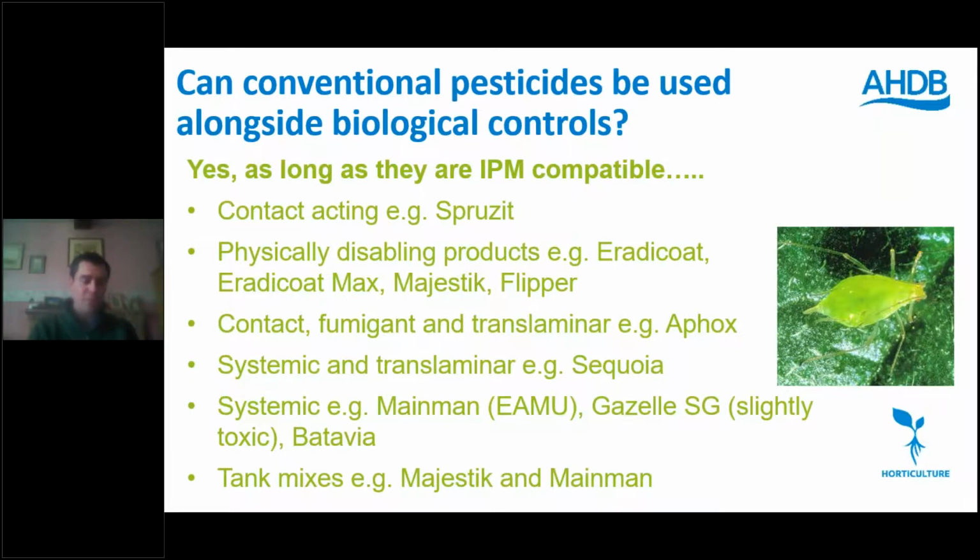Also got Batavia that we can think about, but that's got some restrictions in relation to flowering. And then there's also the opportunity of doing tank mixes, things like Majestic and Main Man. So that Majestic and Main Man mix, if you're able to get good contact activity of some of the aphids, the Majestic would give you good control of those, with the Main Man, the ones that are more difficult to get at.